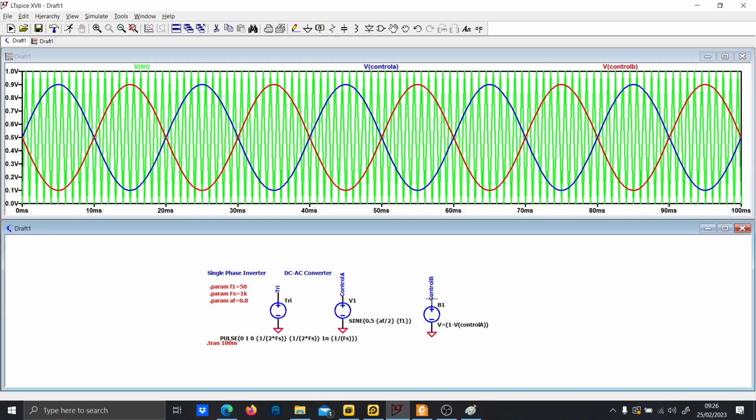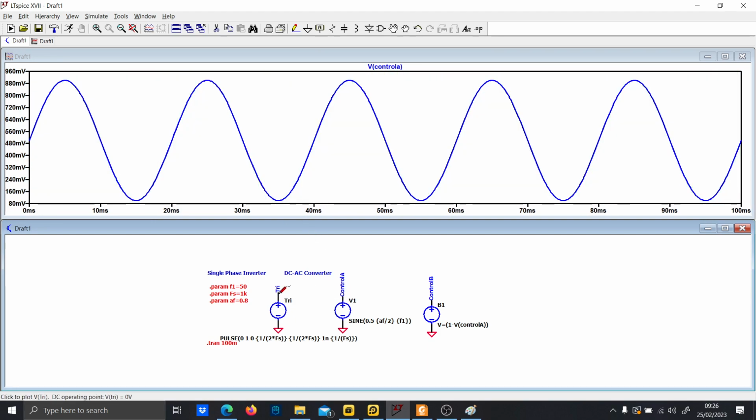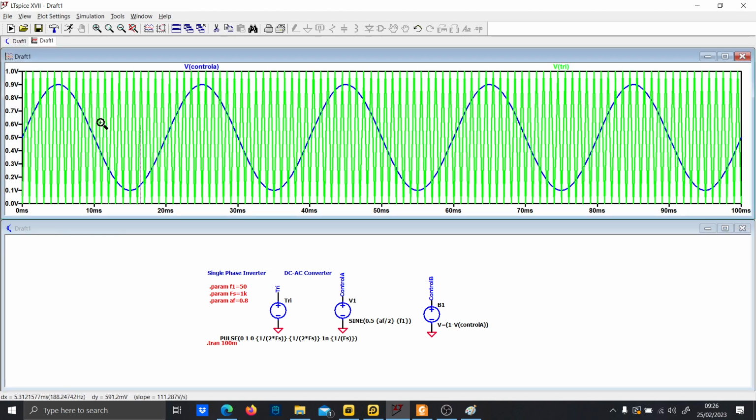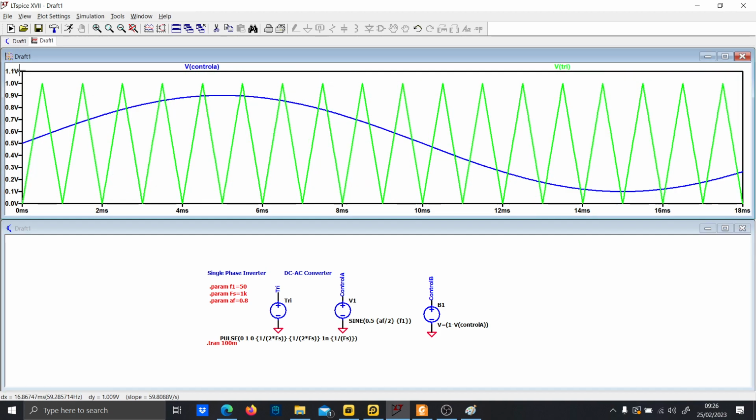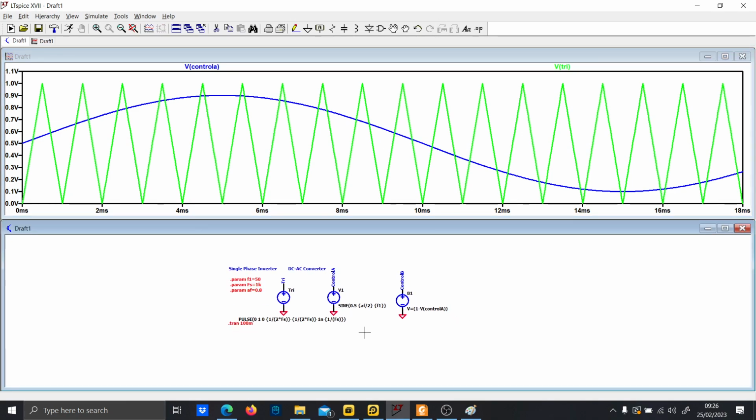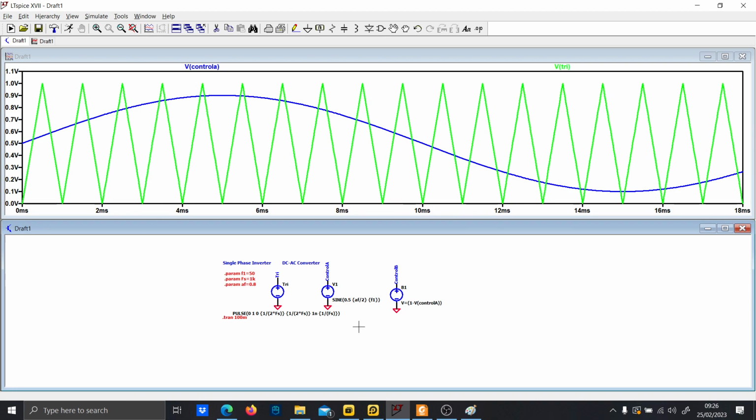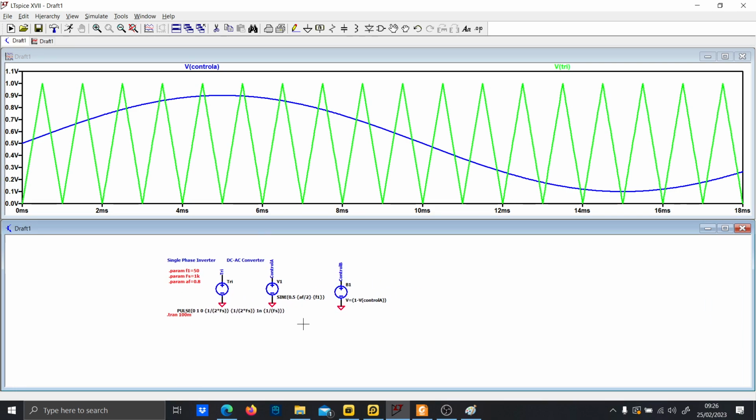Now what we want to do is to put a comparator which will generate our PWM signal. So we have to say that whenever the control voltage is higher than the triangular waveform, a square waveform will be produced. How can we do that? Well, we can use the behavioral voltage.